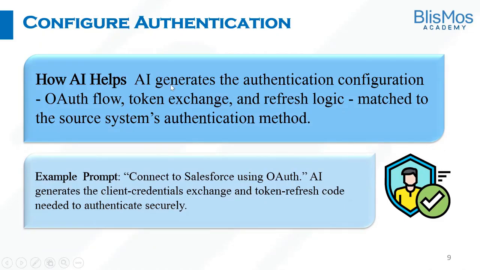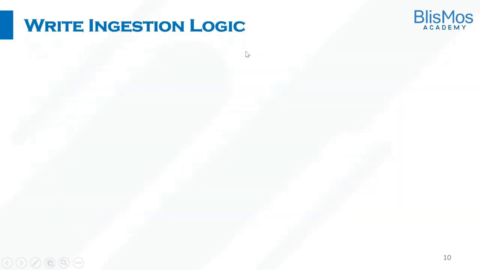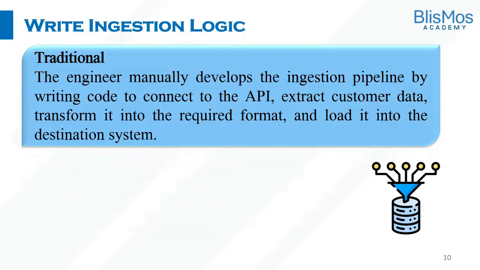Once we know the source system and once we have authenticated, we have to move the data from source to the destination. That is where the data engineer has to write the ingestion logic. Traditionally, the data engineer manually writes the logic of ingestion. When I say ingestion logic, we are talking about the ingestion pipeline by connecting to the API and also extracting the data at the source.